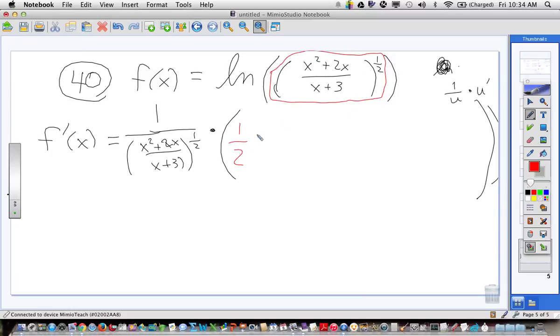So I bring that down. I'm going to leave that inside alone because now what I got is a power rule, right? Which is bring the power down, leave the inside alone to the n minus 1, and then the derivative of that inside. So I'm bringing the 1/2 down. I'm leaving all that alone. Oops. To the negative 1/2. Okay, so now I just did the power rule part of that right there.